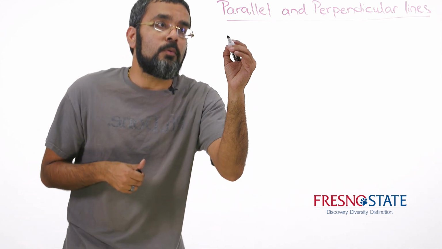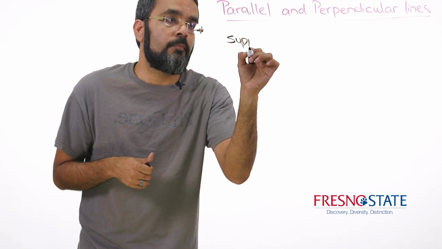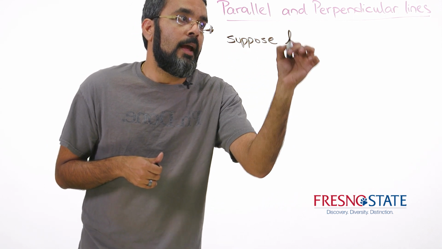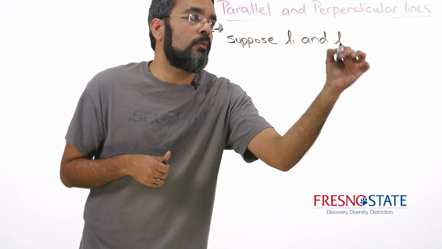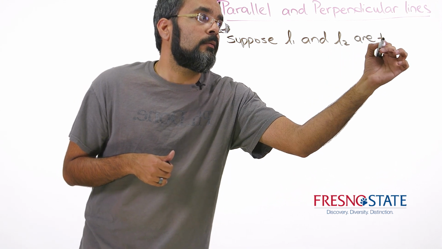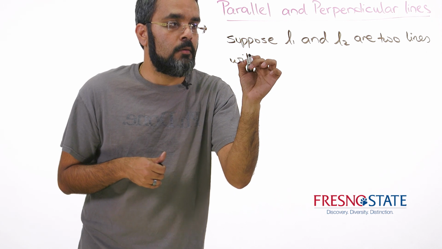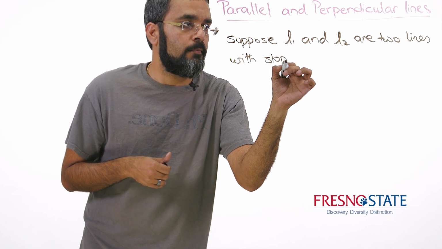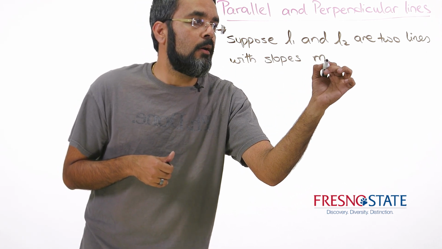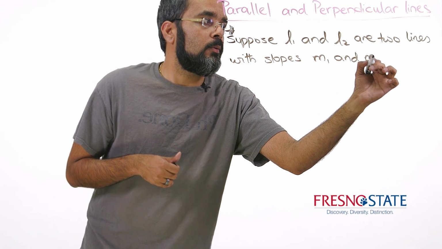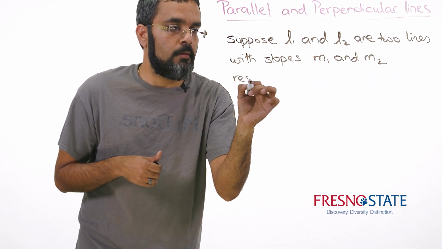Okay, so suppose L1 and L2 are two lines with slopes M1 and M2 respectively.